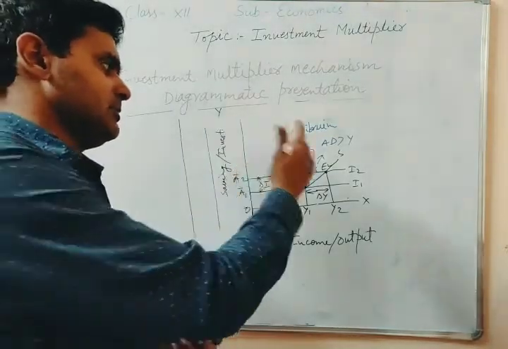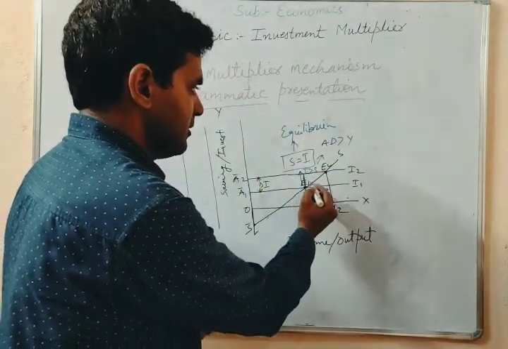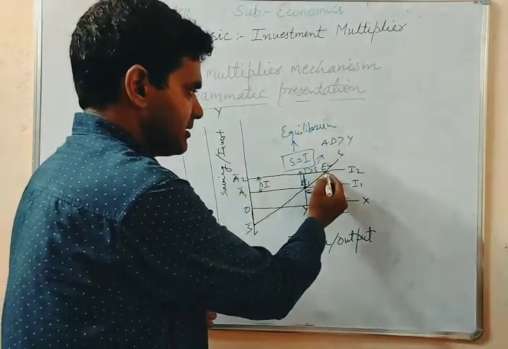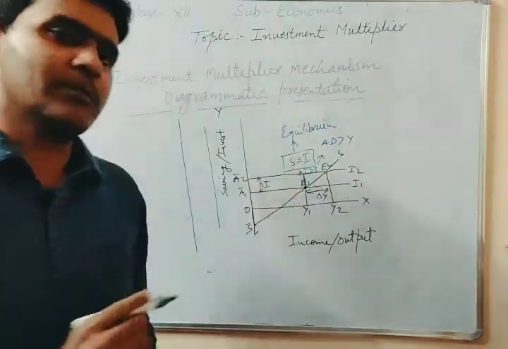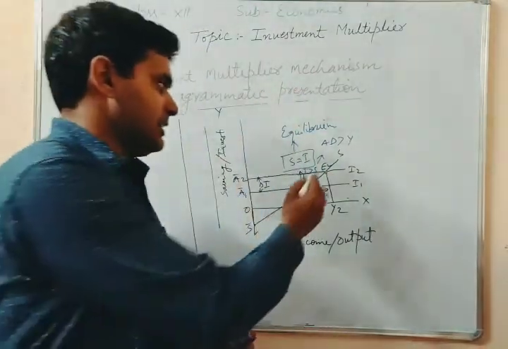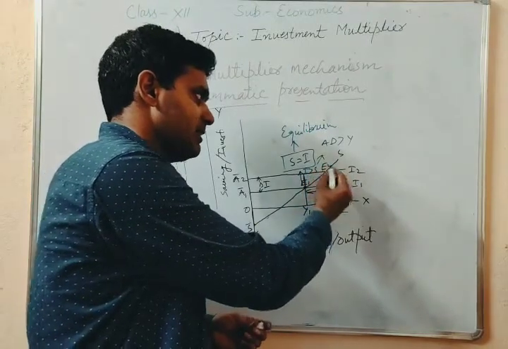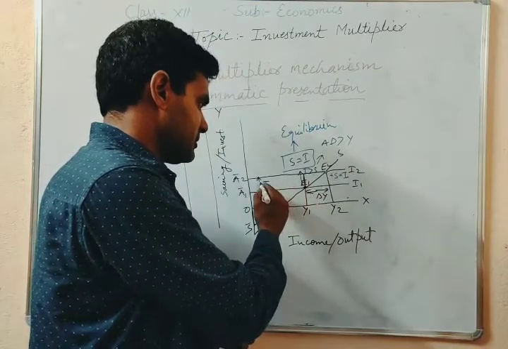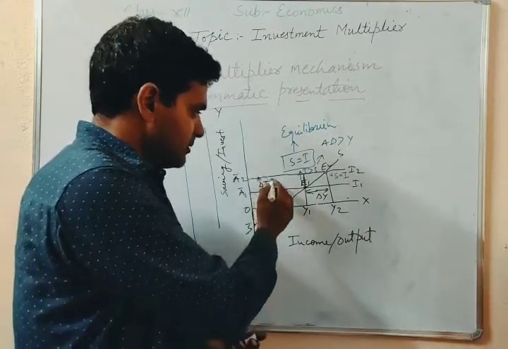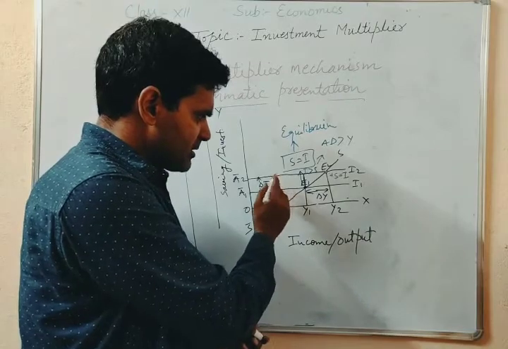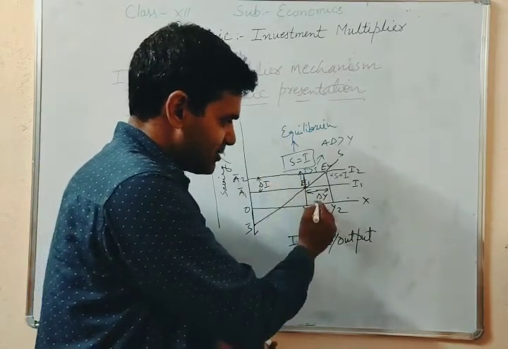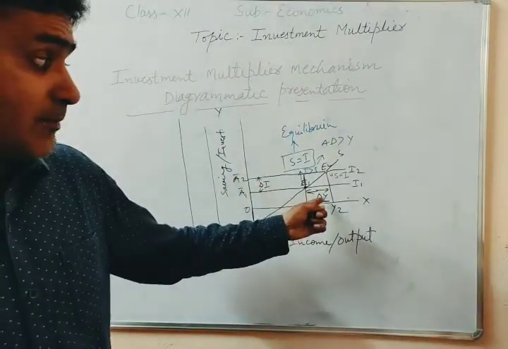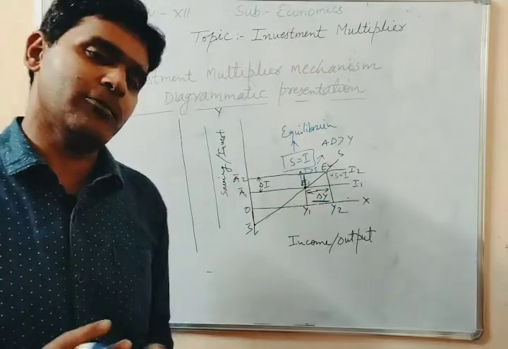The savings curve will move upward, and it will intersect the investment curve at point E2, and hence there will be a new equilibrium where saving and investment are equal to each other, and this is the change in investment. You see the change in investment is less than the change in income, because the multiplier effect is being implemented over here.